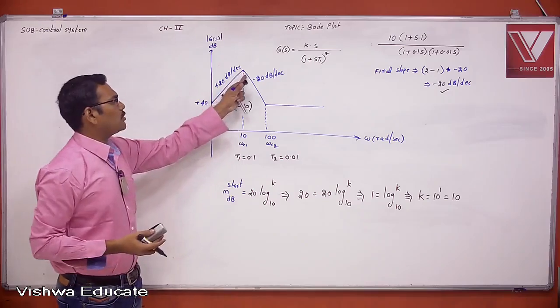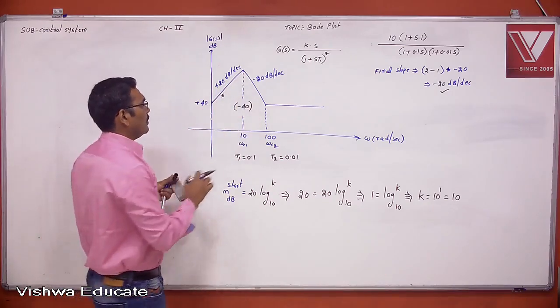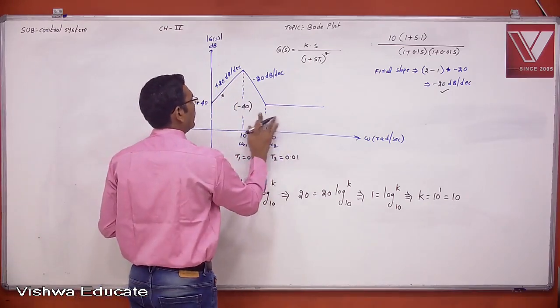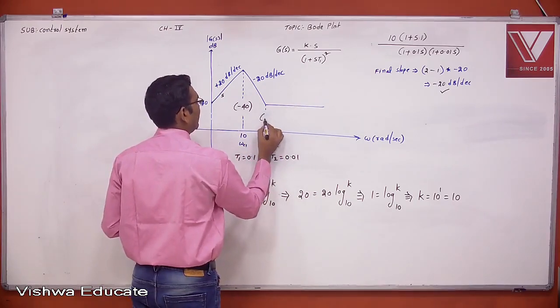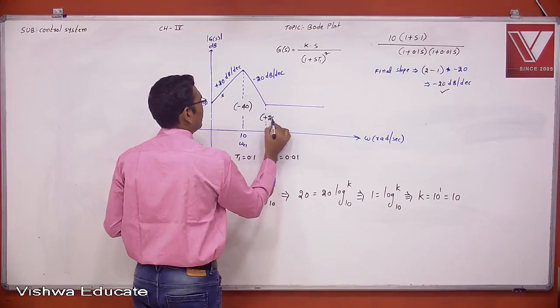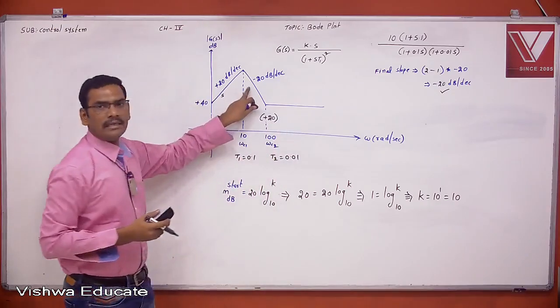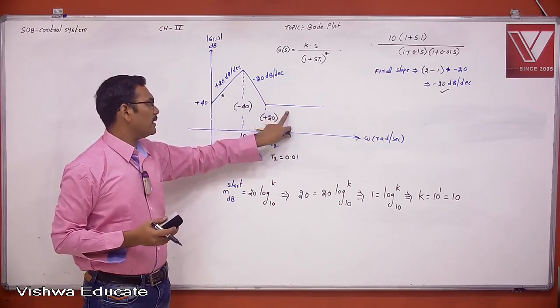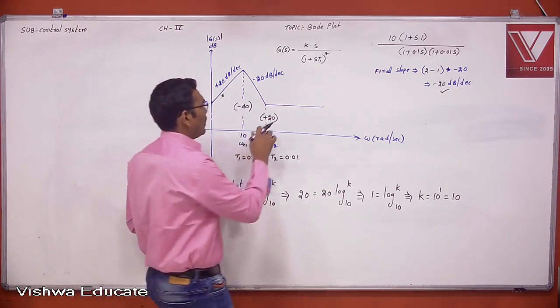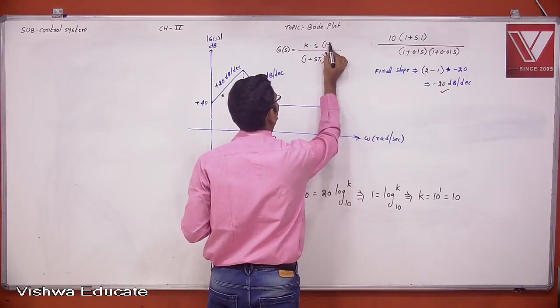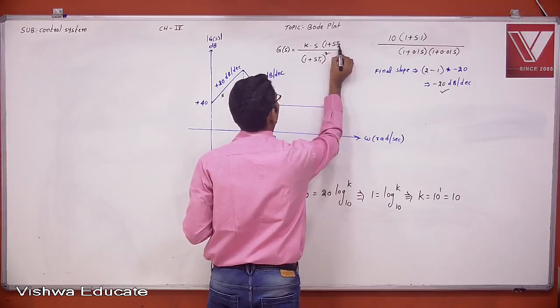Now minus 20 will become 0 dB per decade by adding plus 20. Who will produce plus 20? The plus 20 is because of one simple zero, 1 plus sT2.